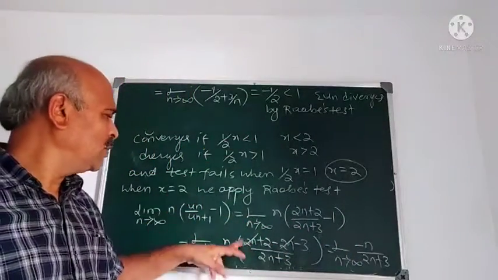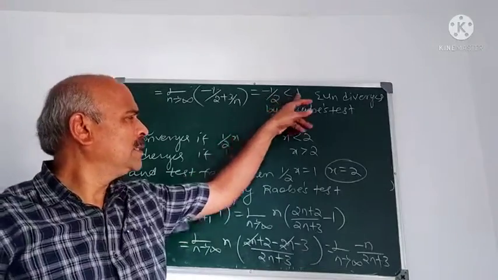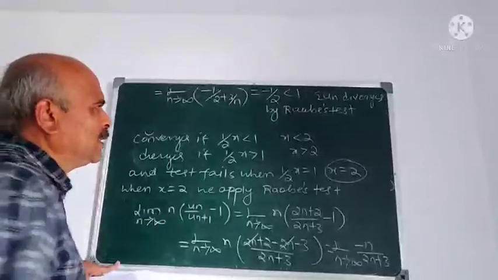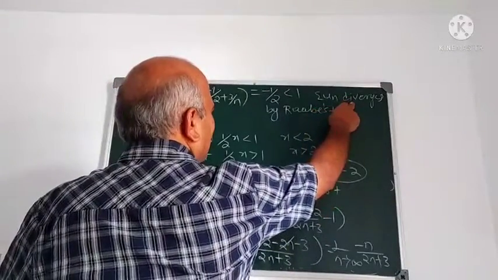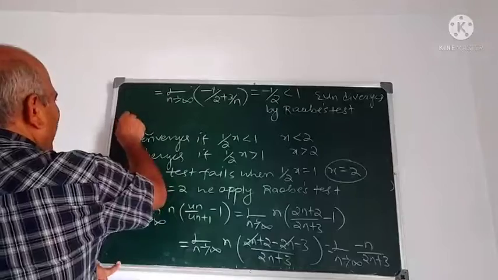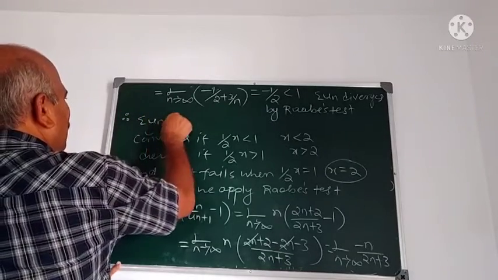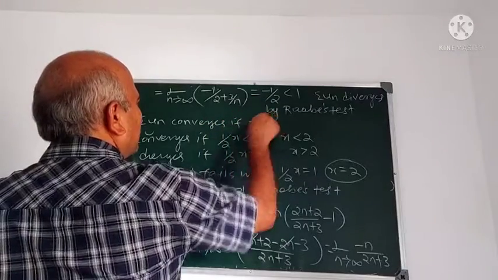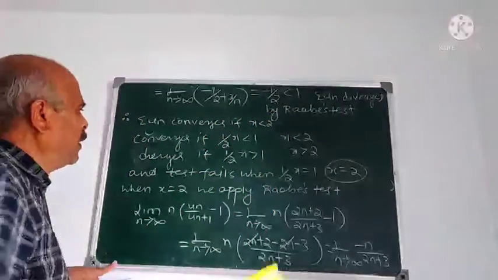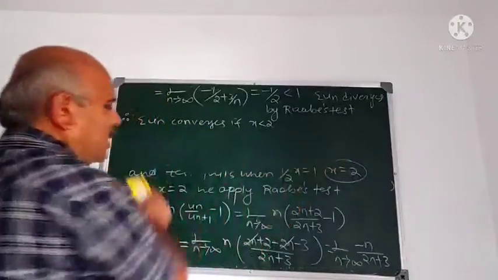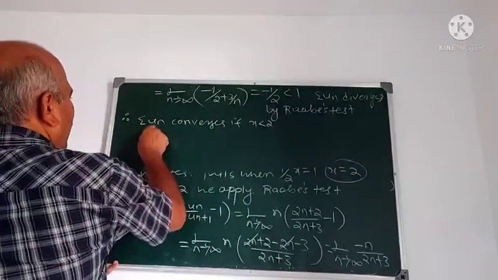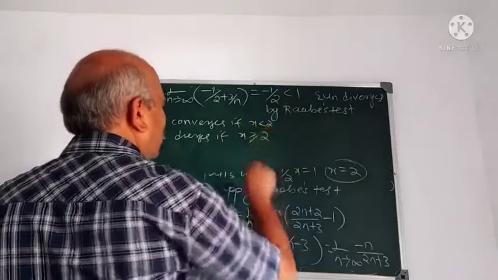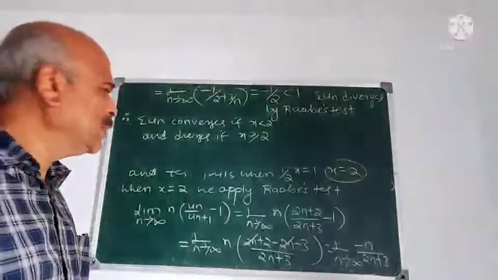By using Rabi's test we have calculated this L, and L is less than 1. What is the conclusion of Rabi's test? By Rabi's test, the given series diverges when x is equal to 2. Therefore the final conclusion is sigma un converges if x is less than 2 and diverges if x is greater than or equal to 2. This is the solution.